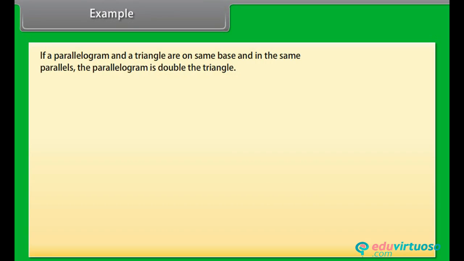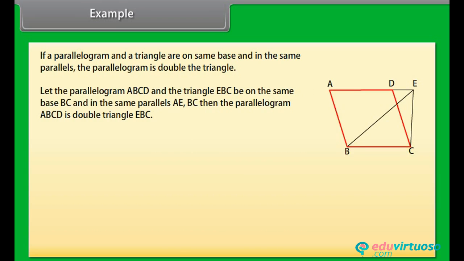If a parallelogram and a triangle are on the same base and in the same parallels, the parallelogram is double the triangle. Let the parallelogram ABCD and the triangle EBC be on the same base BC and in the same parallels AE and BC. Then the parallelogram ABCD is double the triangle EBC. Construction. Draw AC.